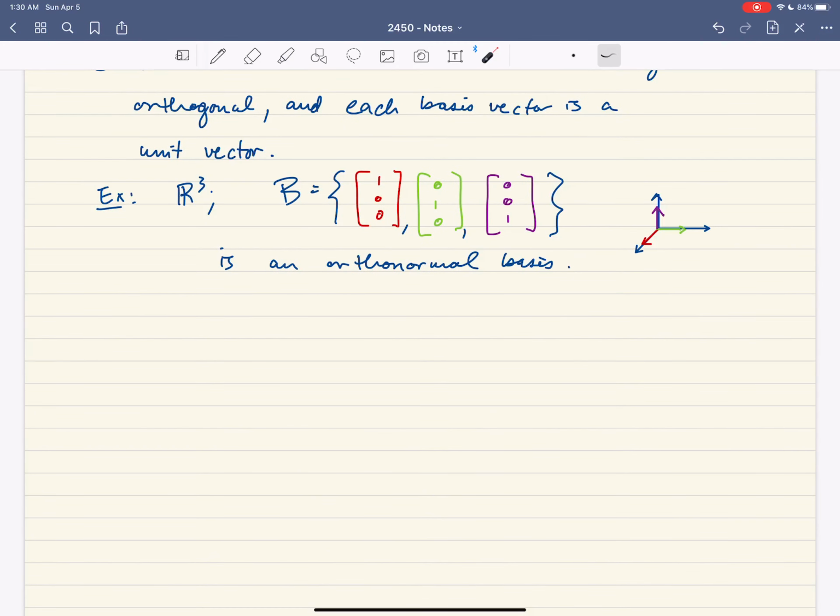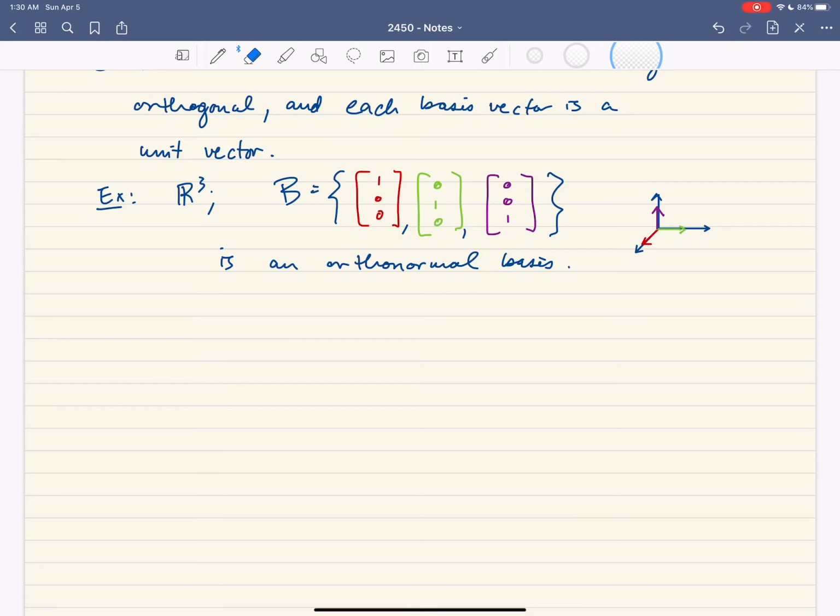So notice that scaling doesn't change orthogonality, right? If I have two things that are perpendicular, I don't care about the scale. I don't care if they're really big or really small. If I have two things that are orthogonal, scaling that object isn't going to change orthogonality.